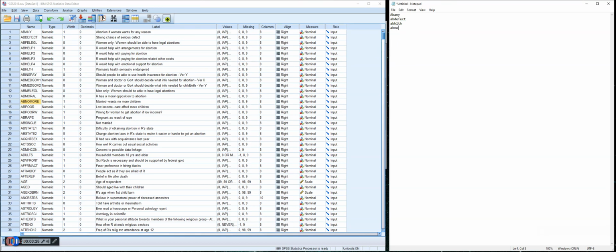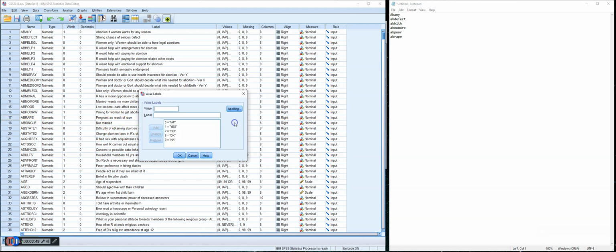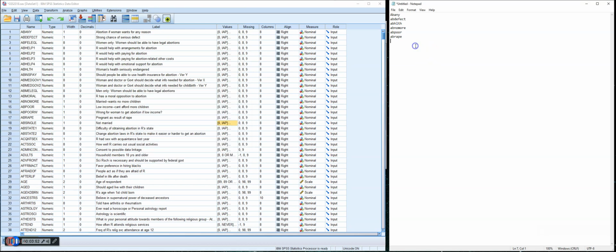And ABPOOR, whether they are not wealthy enough to have more babies. Then ABRAPE, if the pregnancy was caused by rape, and if they are not married, out of wedlock, ABSINGLE.